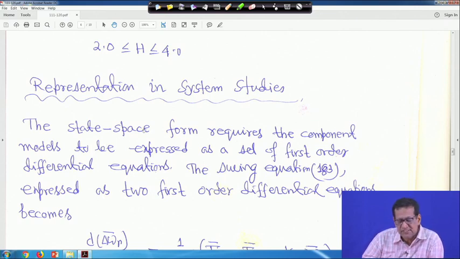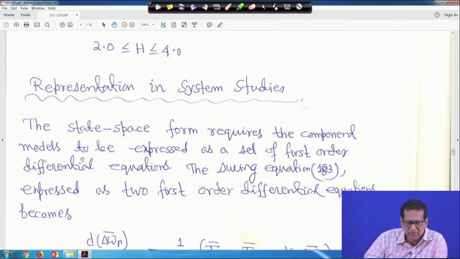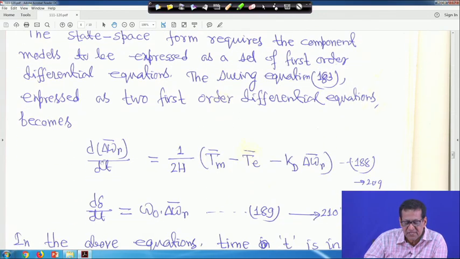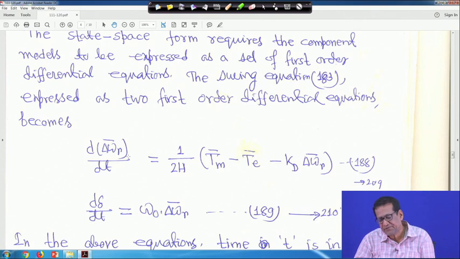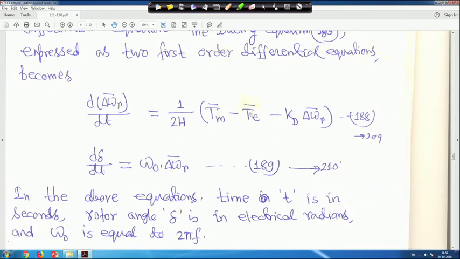The swing equation, that is 183, expressed as two first order differential equations, becomes d/dt of delta omega r bar is equal to 1 upon 2H times Tm bar minus Te bar minus Kd delta omega r bar. This is equation 188.